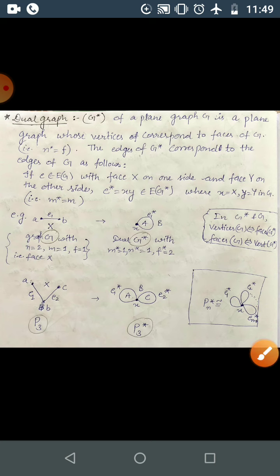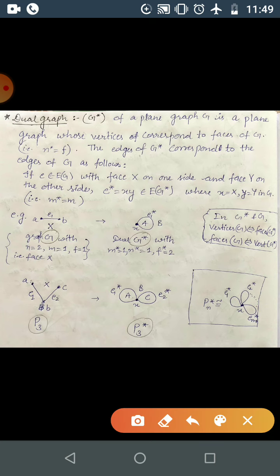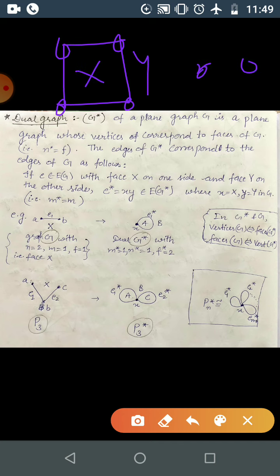Now for C4 star, you can just take C4 and C4 star. C4 has 4 vertices, so there will be 4 faces and 2 faces, x and y. So there will be x and y vertices, correct?